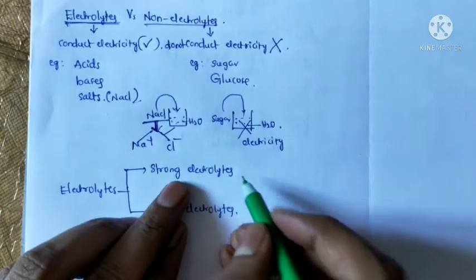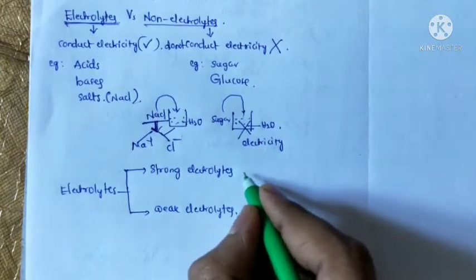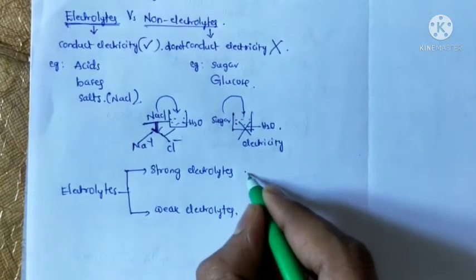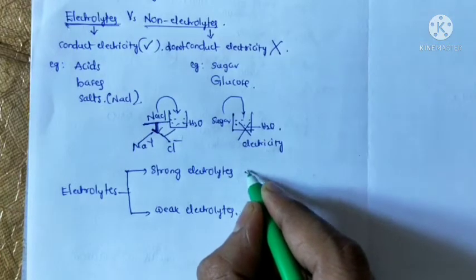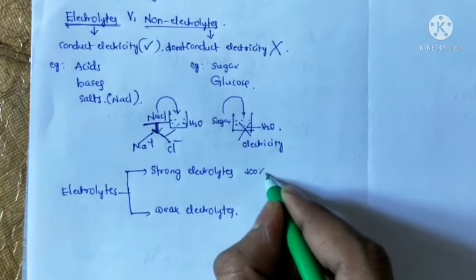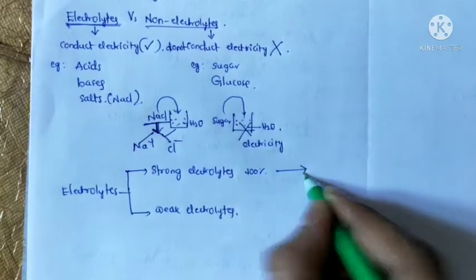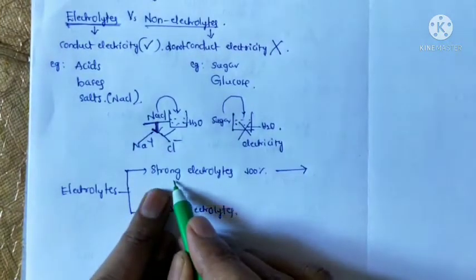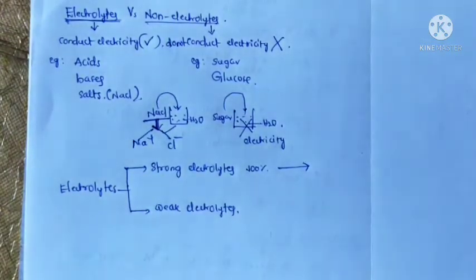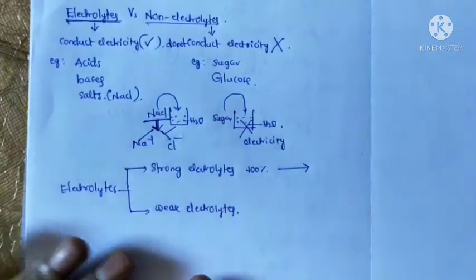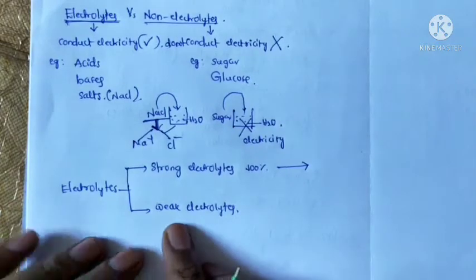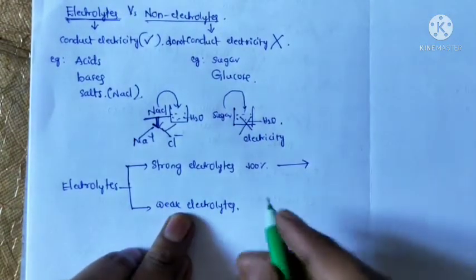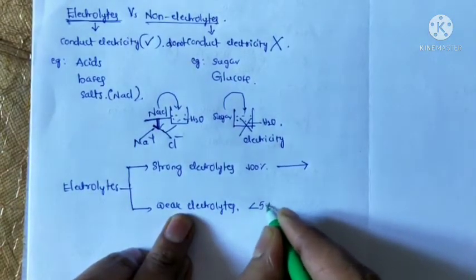In strong electrolytes the substances dissociate or ionize 100%, that is, completely.